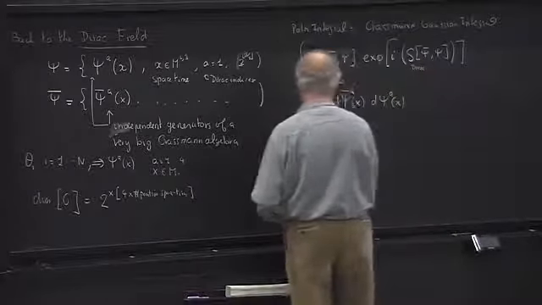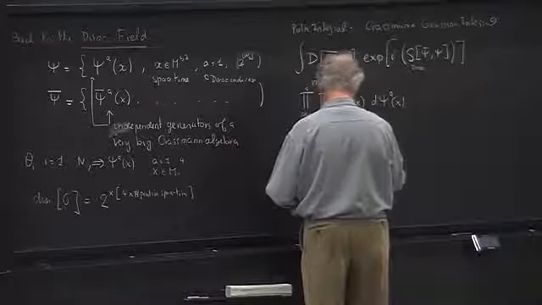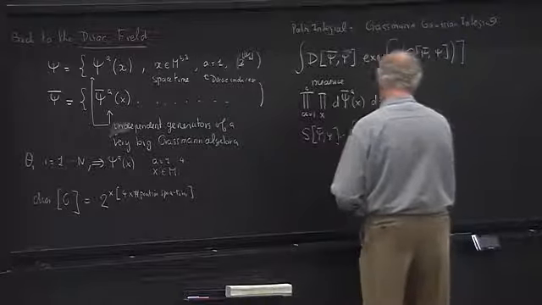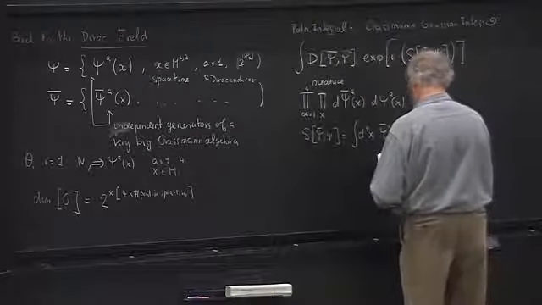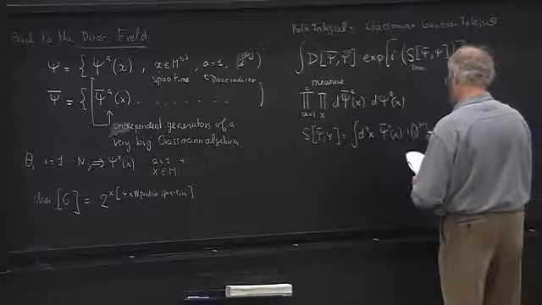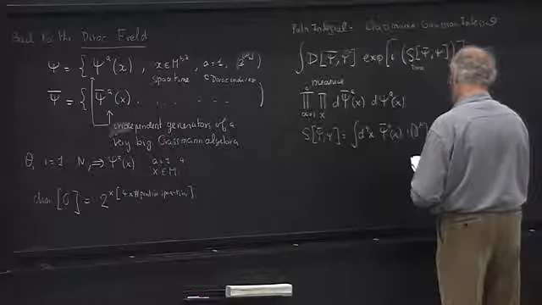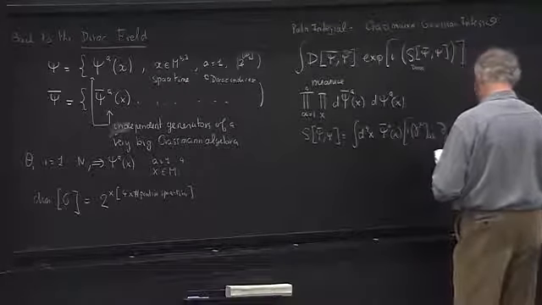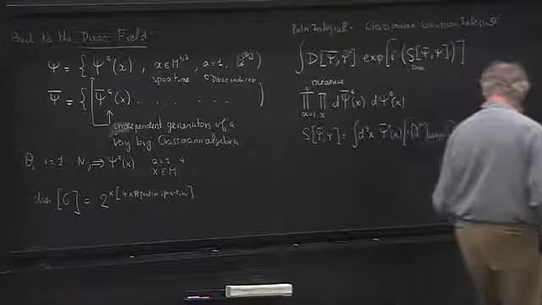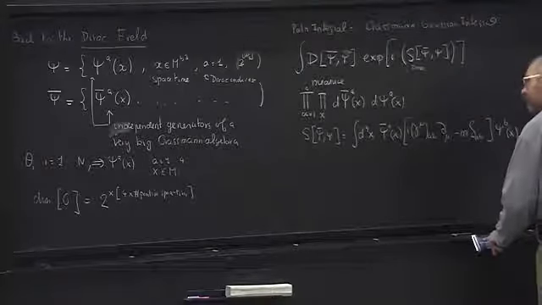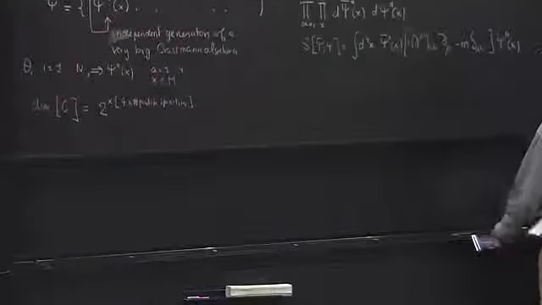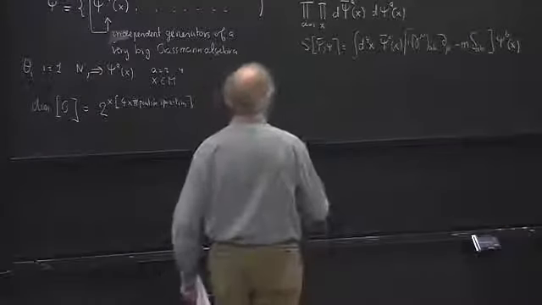So S of psi bar psi is just what I wrote before: the integral over d4x of psi bar a of x, times i gamma mu a b d mu minus m delta ab, of psi b of x in components. See? So this is just the Dirac action.